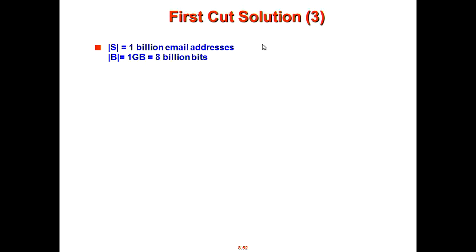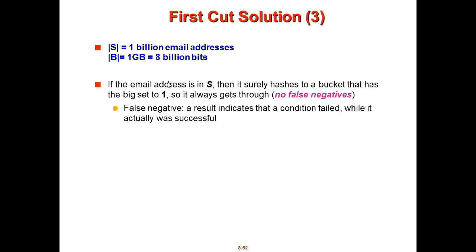So this solution is also very simple, right? There's some analysis, based on the assumption that you have 1 billion email addresses. For these 1 billion email addresses, we use 1 gigabyte as a bit array, so we have 8 billion bits. Now if the email address is in S, it is surely hashed to a bucket that has its bit set to 1.